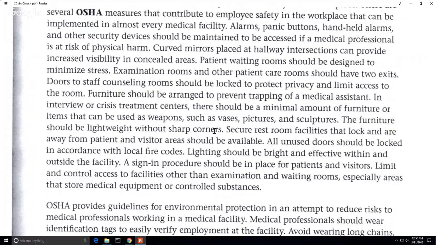Secure restroom facilities that lock and are away from the patient and visitor area should be available. All unused doors should be locked in accordance with the local fire codes.